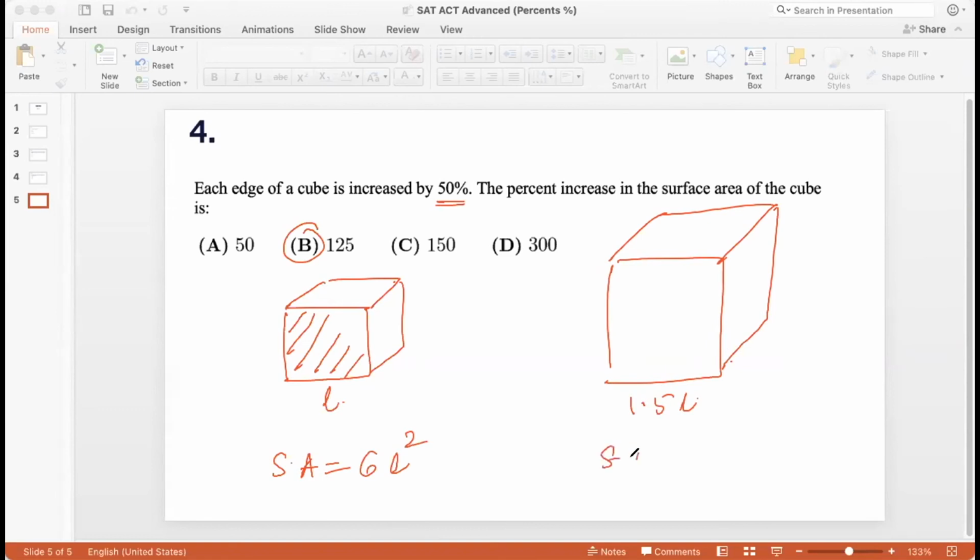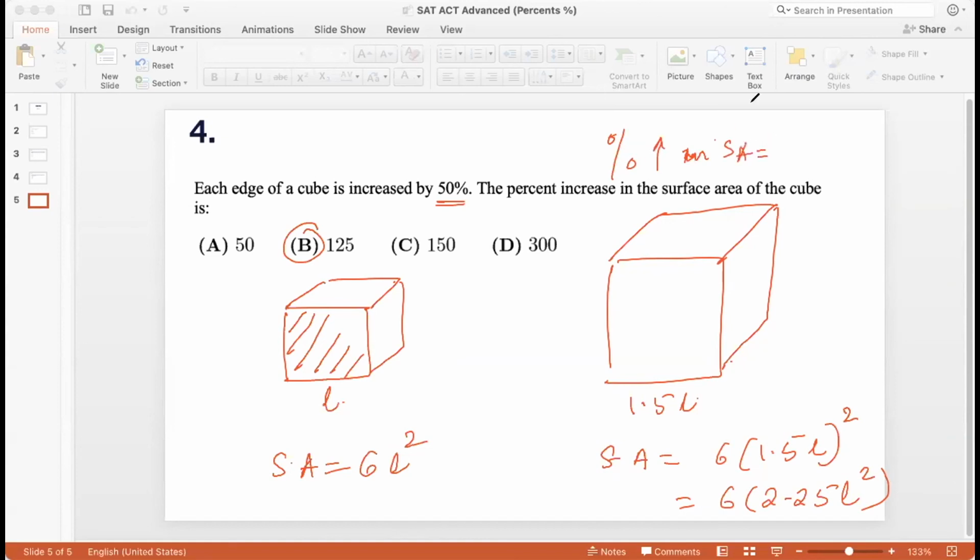So what will be the new surface area? It would be 6 times 1.5 L the whole squared, which is 6 times 2.25 L squared, right? So I've gone from 6L squared to 6 times 2.25 L squared. So what is the percentage increase in surface area?